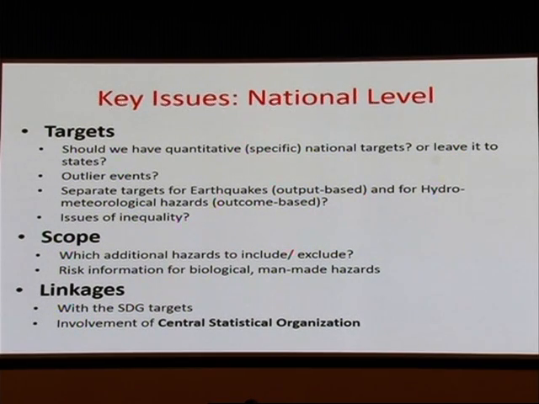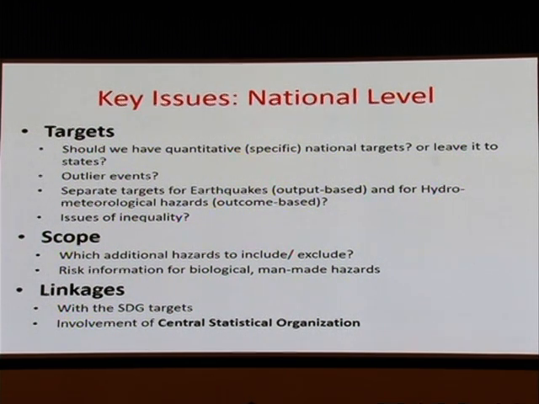Taking on from there, I'll highlight a few issues that we need to grapple with at the national level. The first is that we have to take a view whether at the national level we need to have quantitative targets, or we just go with Sendai and say substantial reduction, and leave it to the states to decide whether they want quantitative targets for loss reduction.